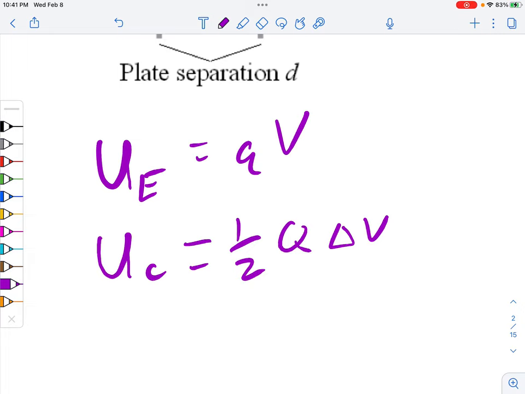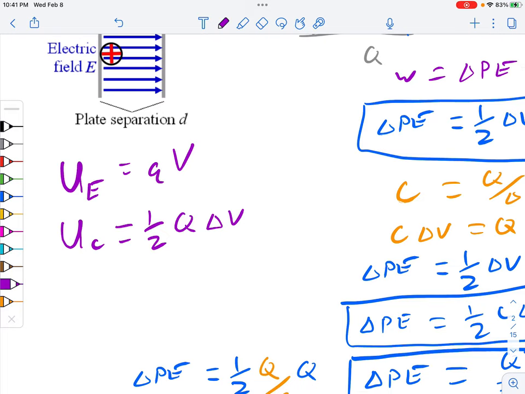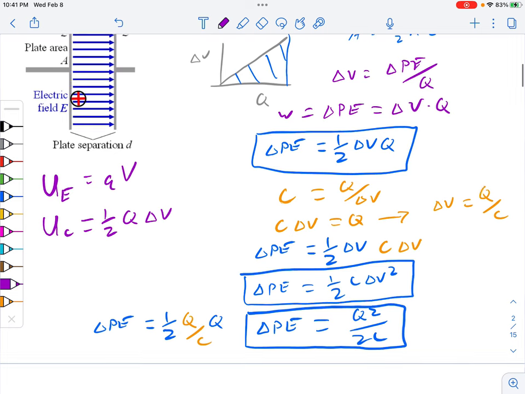Those are both things that can be useful to us. Just make sure you understand which equation you're using for which application. The C one goes for capacitors. These are just different manipulations, kind of like we do with the power equation, which I'll touch on in a couple of slides.